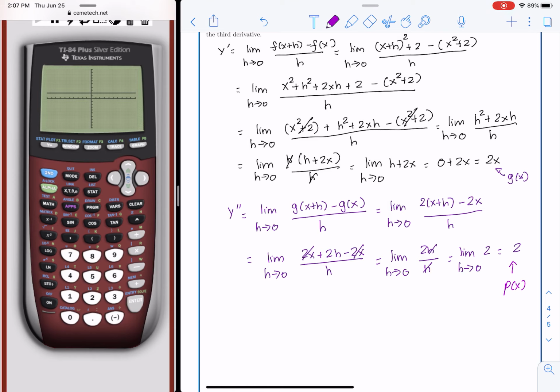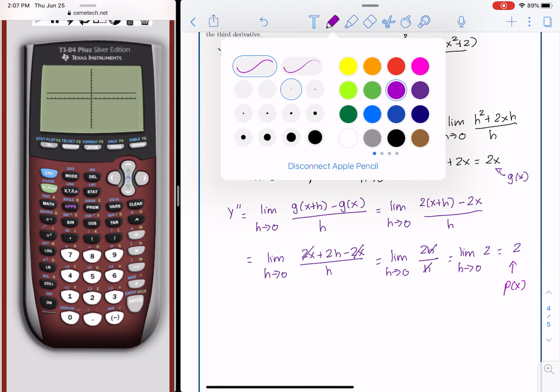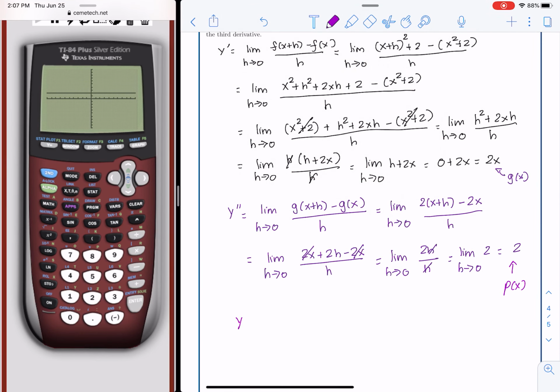Let's find the derivative of that. So the third derivative is the derivative of the second derivative. So y triple prime, you could also write it as y raised to the power of 3 within parentheses. Limit h approaches 0, p of x plus h minus p of x divided by h.